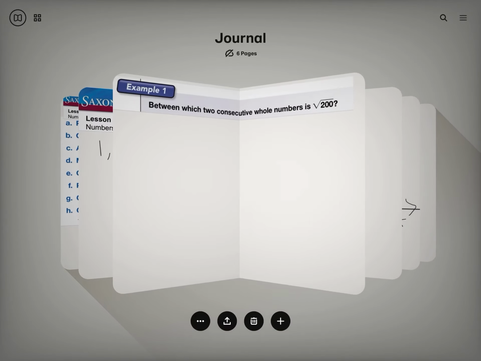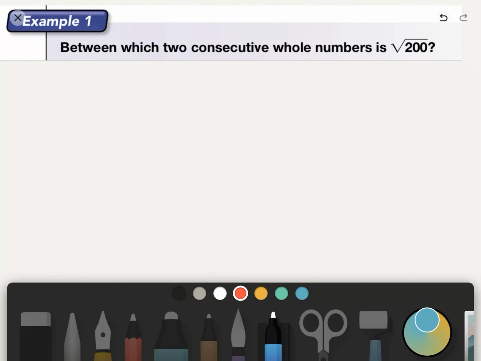So looking at example 1, between which two consecutive whole numbers is the square root of 200? Well, we remember that square root of 100 equals 10. That's kind of tiny though.